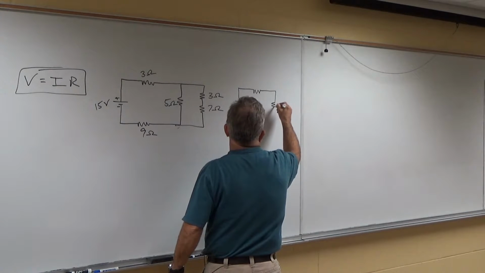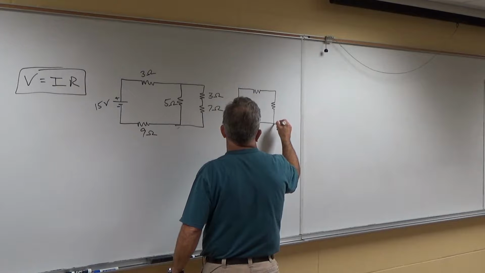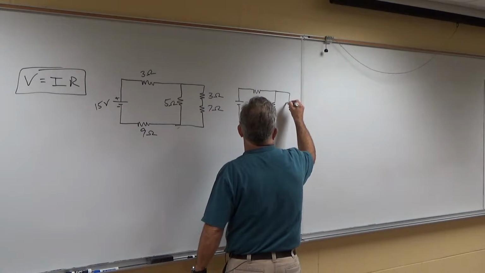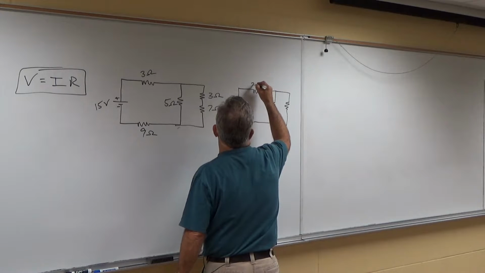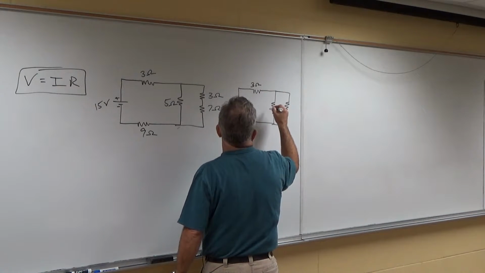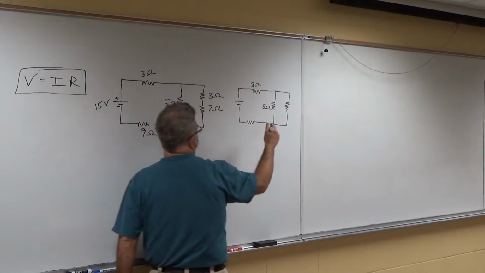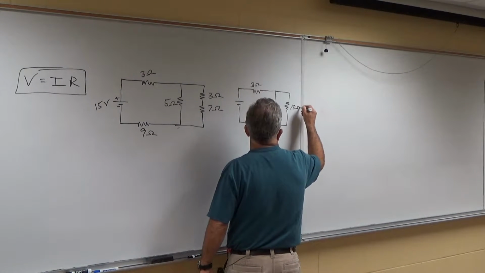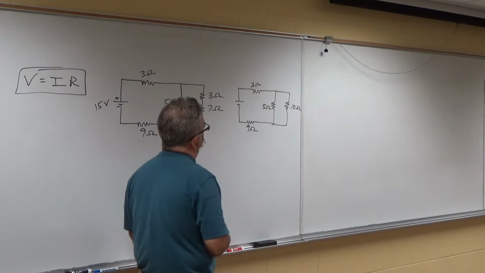I know where you were headed, Will, but let's go ahead and draw this picture. Okay, so this is the 3 ohm, 5. The 3 and the 7 are in series, so this is a 10 ohm, and this remains a 9. Okay.